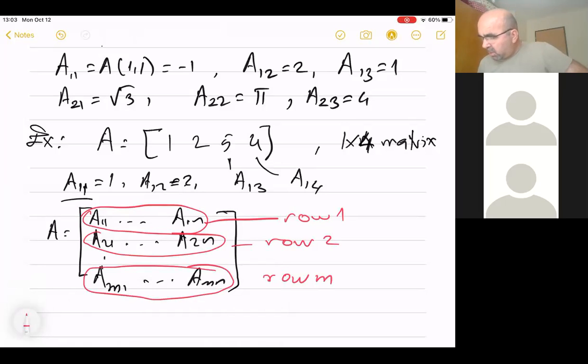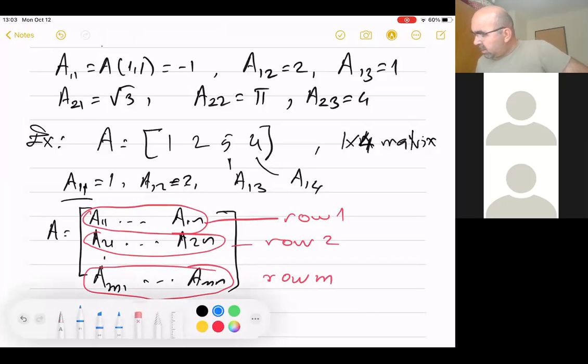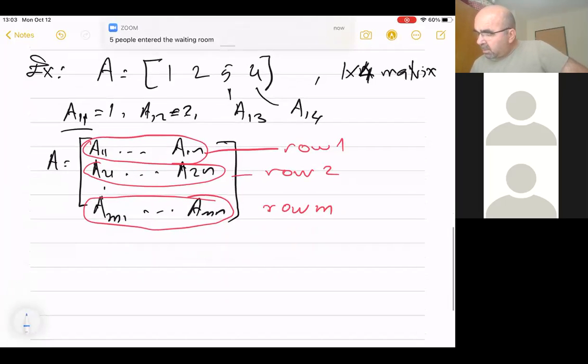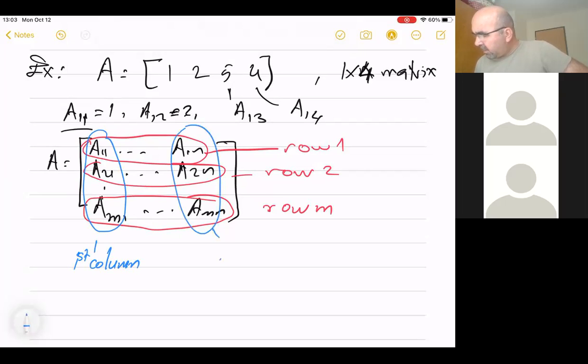And there are also columns. So these numbers are the first column, and etc. And this is the last column, the nth column.